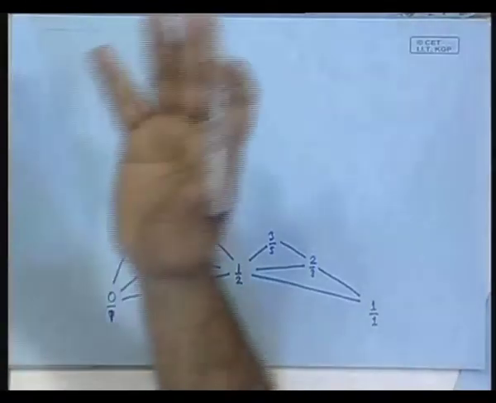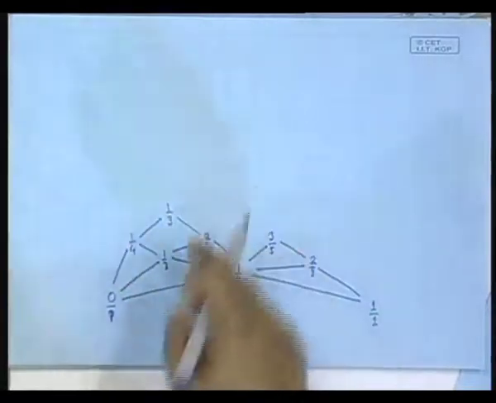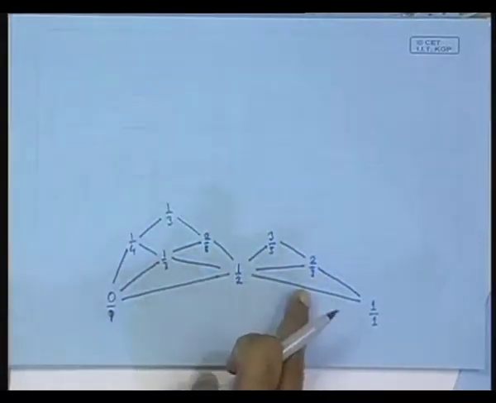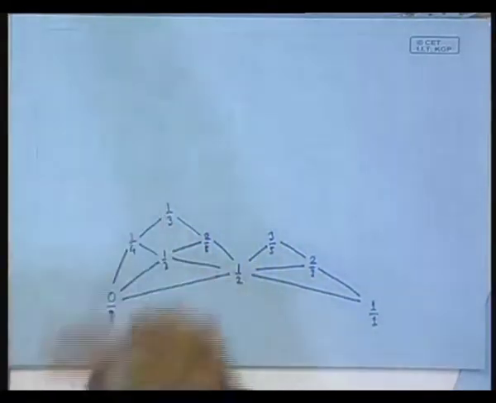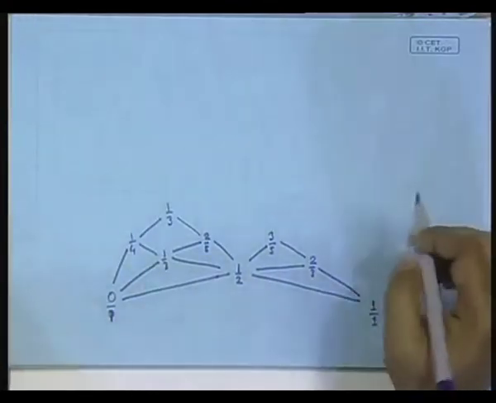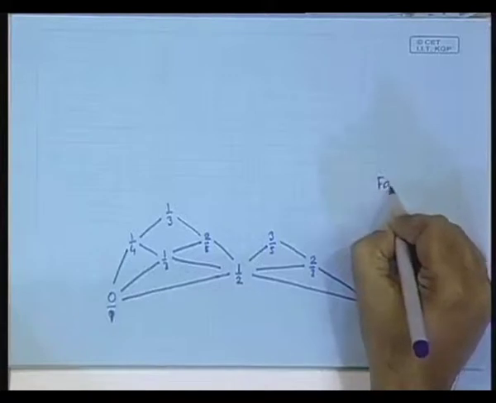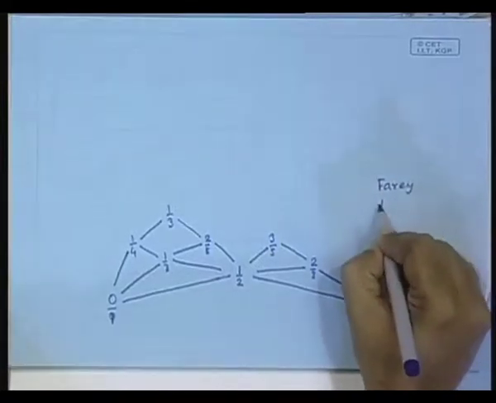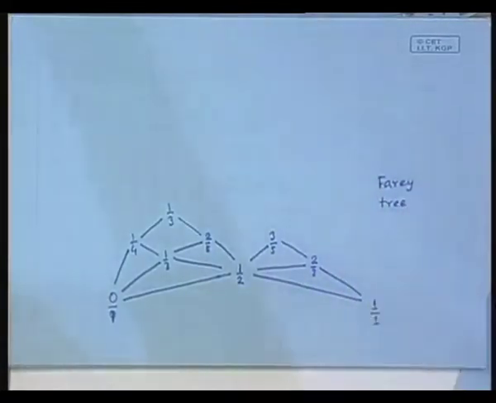If you see a bifurcation diagram of this system, then you will be able to identify exactly these ratios as the mode locked windows occurring between them. This tree is called the Farey tree.